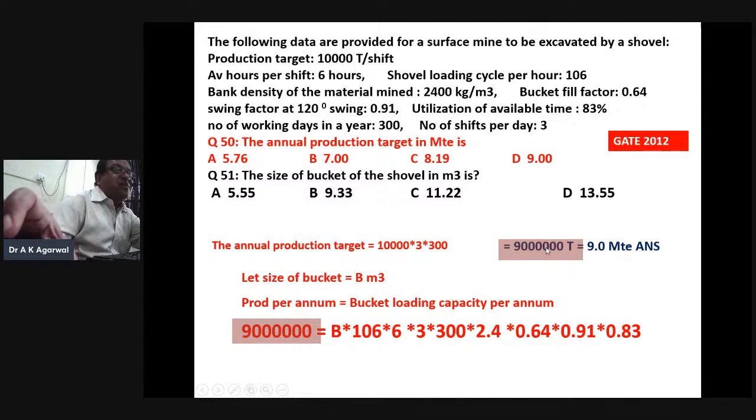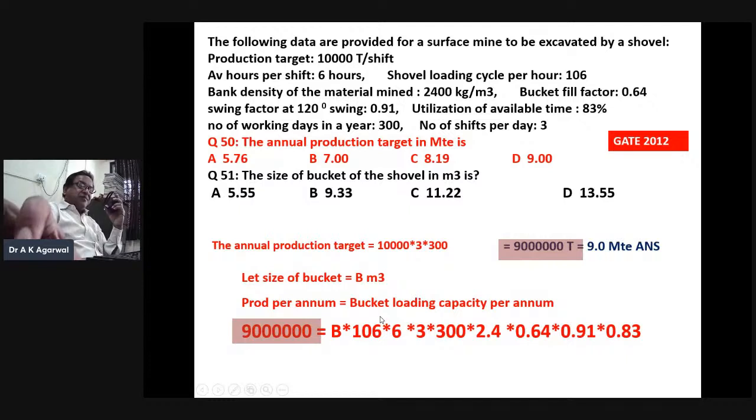Production per annum is 9 million ton. B is the size of the bucket. 106 is the shovel loading cycles per hour. In 1 hour, there are 106 cycles. In each cycle, the shovel will produce B meter cube.